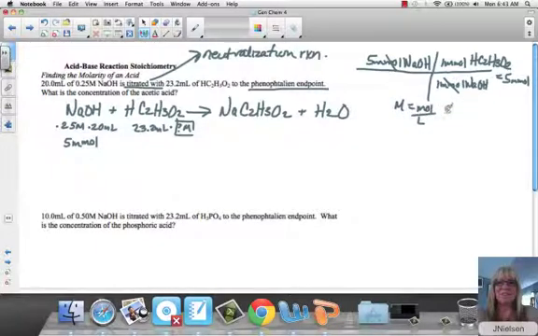So I've got 5 millimoles over 23.2 milliliters. Milli cancels, which gives us approximately 0.216. So we will make it 0.22 molar.